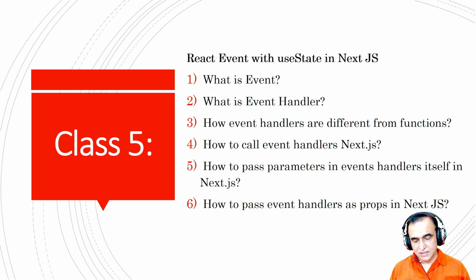Remember, onclick is an event, an action that triggers your code, but the code is written in an event handler. That event handler is a function that executes your code. So event means onclick, event handler means the function that executes your code.